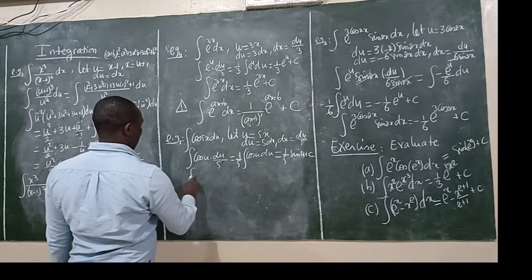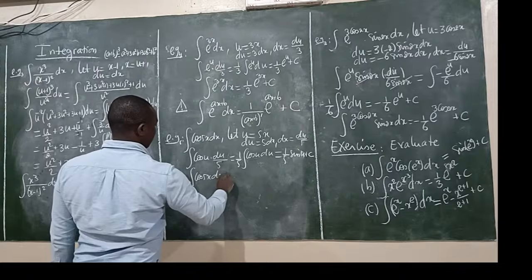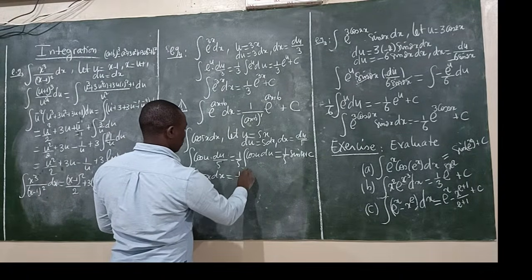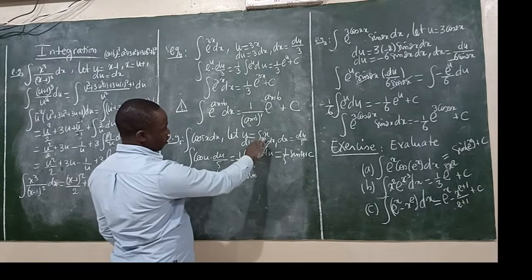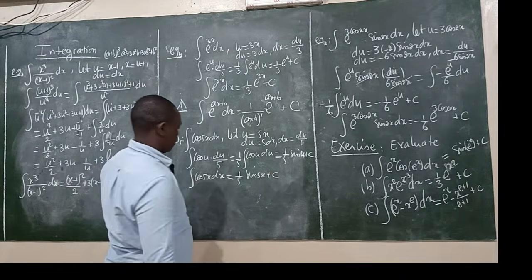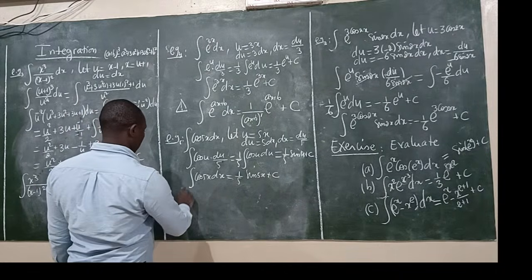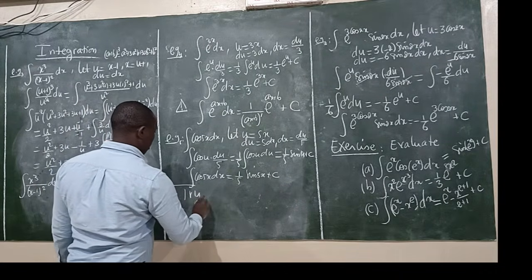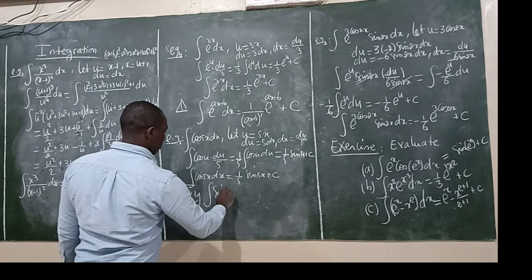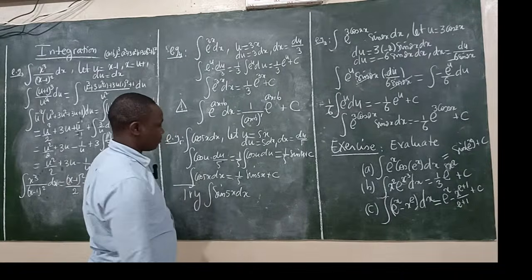Hence, the integral of cosine 5x dx is equal to 1 over 5 sine, our u was 5x, sine 5x plus c. Okay, I want you to try this. Try the integral of sine 5x dx.